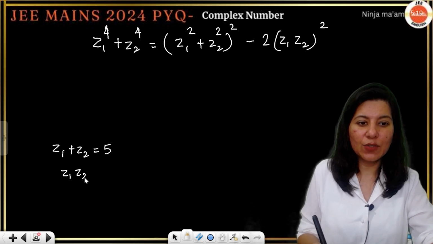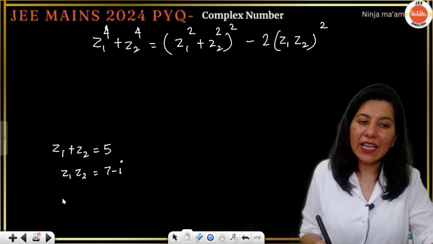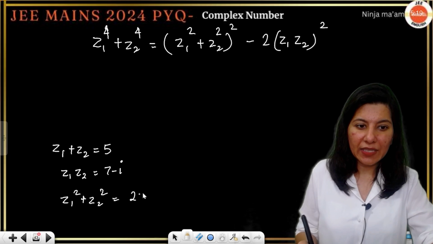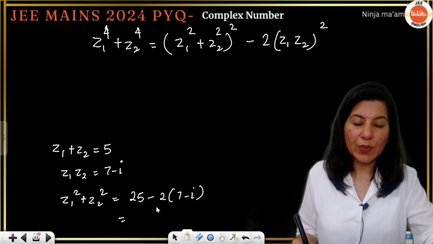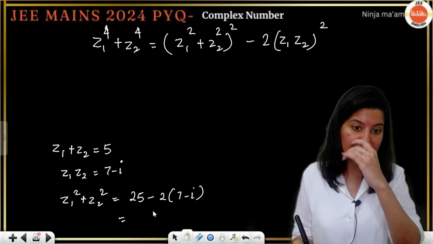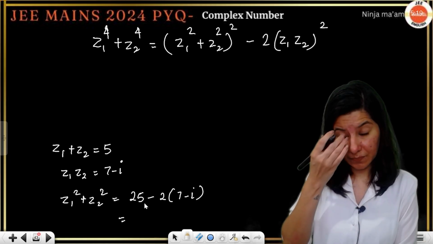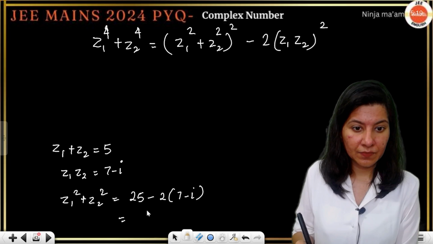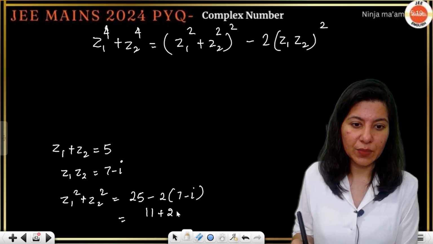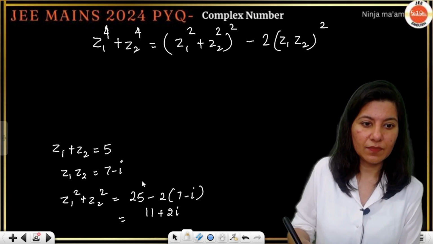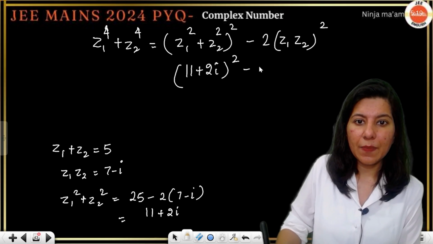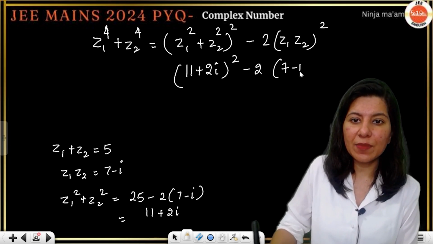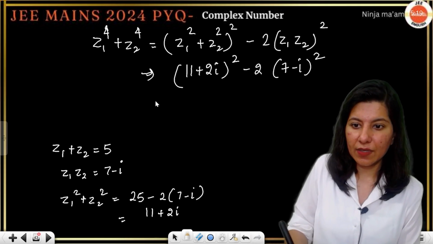You have Z1 Z2 also. Why not we calculate Z1 square plus Z2 square? That is going to be 25 minus 2 times 7 minus iota. So 25 minus 14, 11 plus 2 iota. Let's put Z1 square plus Z2 square as 11 plus 2 iota, whole square, minus 2, again Z1 Z2 whole square is 7 minus iota whole square. Okay.